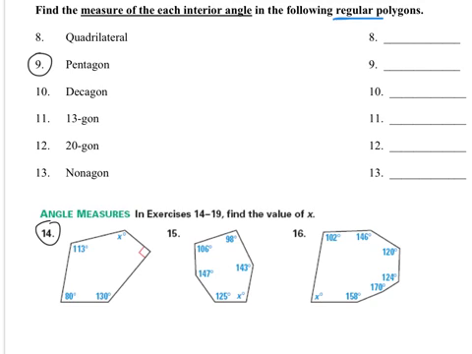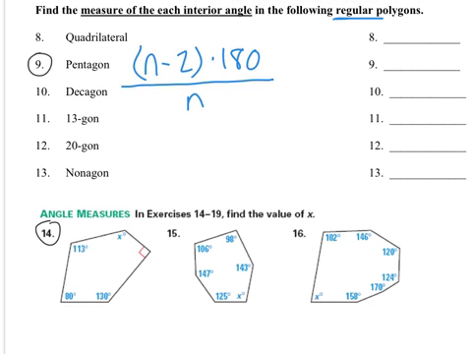Now, there is an equation for finding this as well. And that equation is this. N minus 2 times 180. So that's the same equation as before, and that finds the sum of all the angles in the polygon. And then we have to go back and divide that by how many angles there are. And once we divide that by how many angles there are, then we will know the angle measure for each individual angle. So let's apply that.